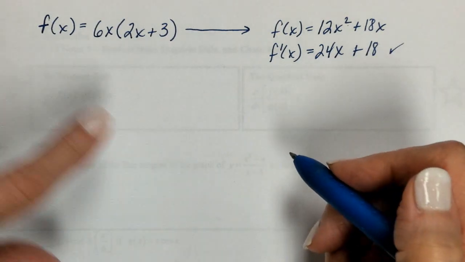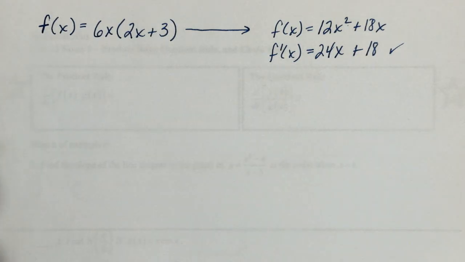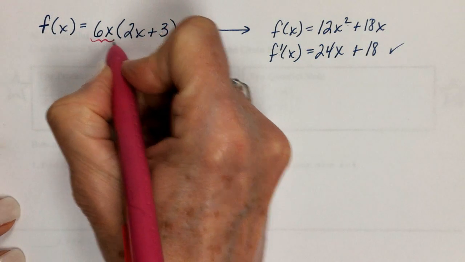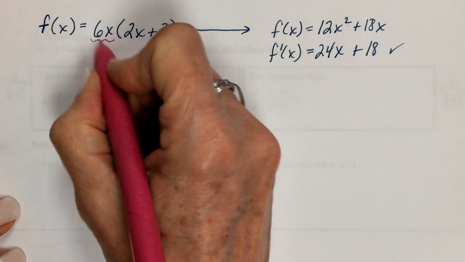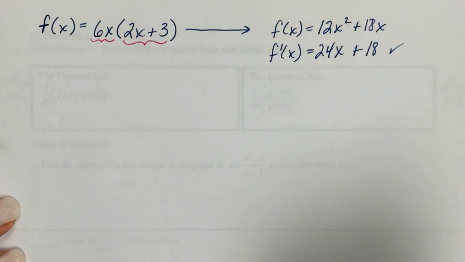So my question is, could we have done this a different way? Could we have taken the derivative of the first term, and multiplied it by the derivative of this inner term?